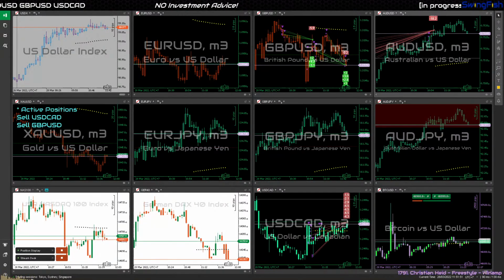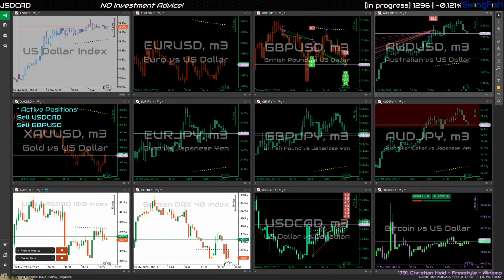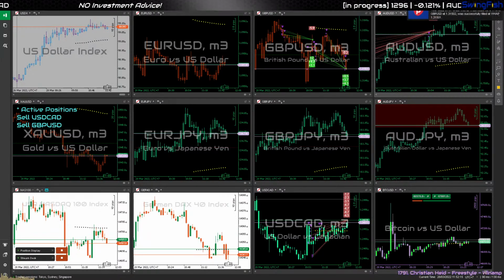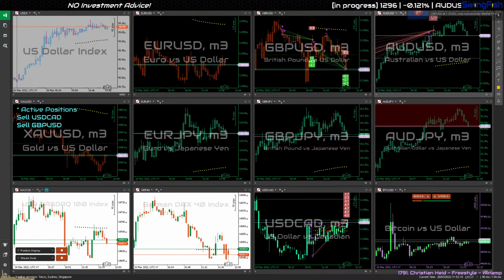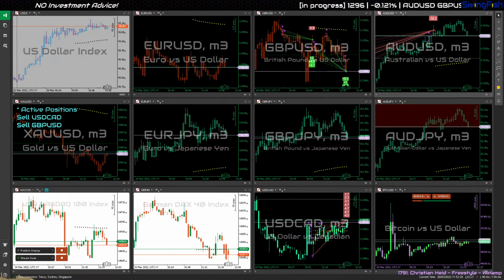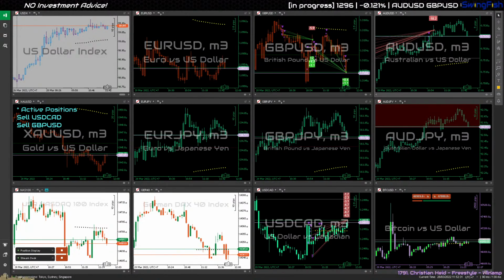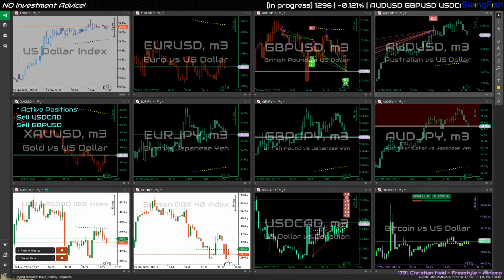Dollar CAD's really trying to go up. Nikkei approaching the VWAP.